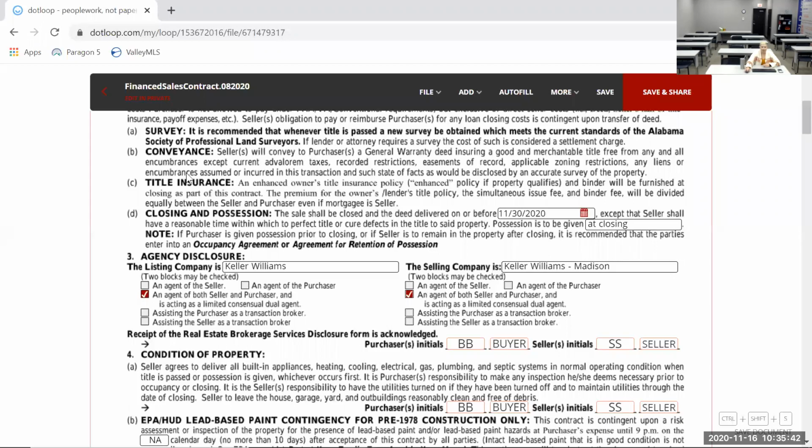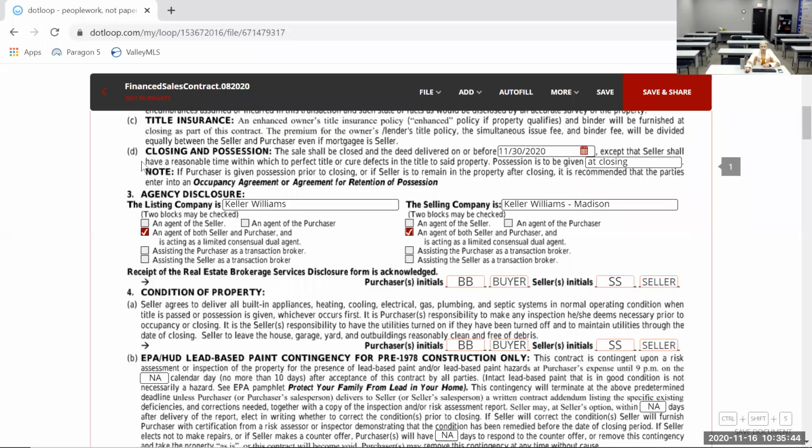Okay, let's hop down to closing. Closing is normally 30 days, okay? Sometimes the lenders can get it done quicker because our appraisers have been so backed up with refinances lately. I would say you're safe just doing 30 days.